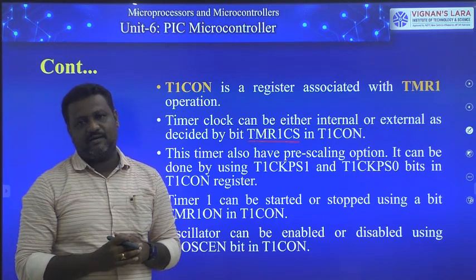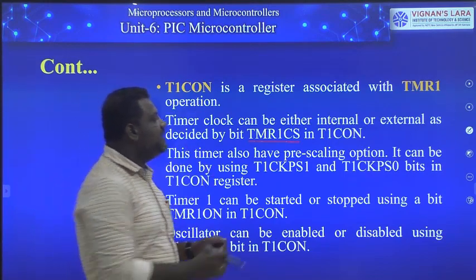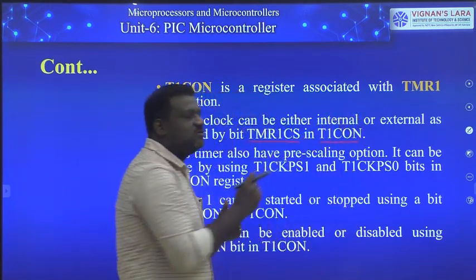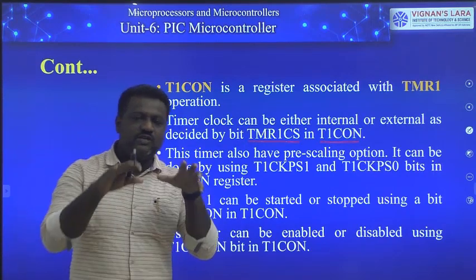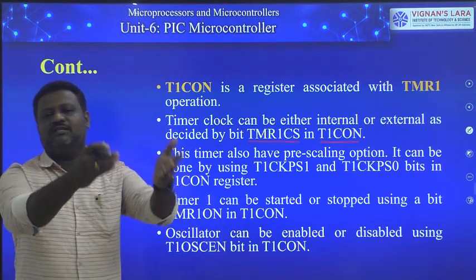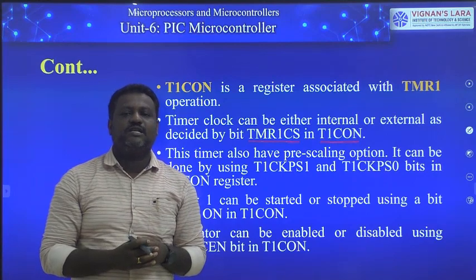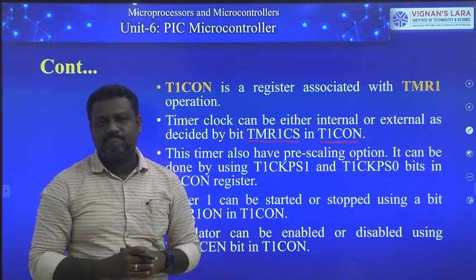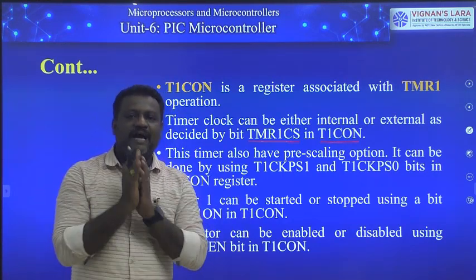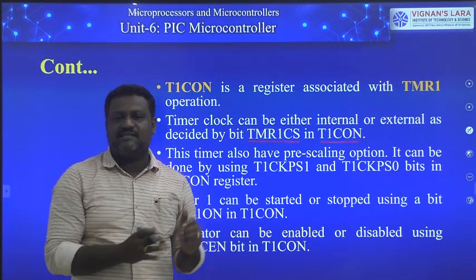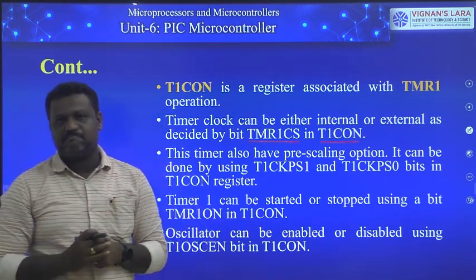This is a bit present in the T1CON timer 1 control register. By using that bit, I decide my clock signal is from an internal oscillator circuit or from an external source. Based on that only, I can decide whether my timer 1 acts as a timer or acts as a counter.